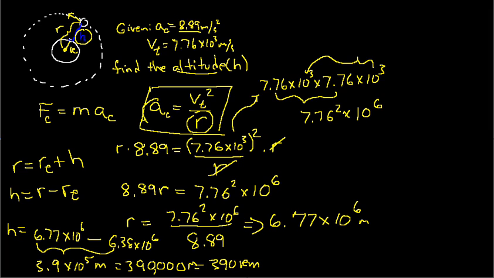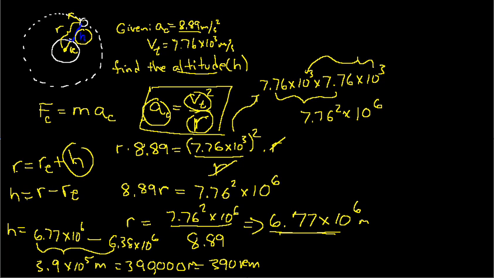You're given the acceleration, you're given the tangential velocity, you then find r. Once you find r, you notice that this r is center of Earth to the satellite. What you want is the height. So r is the radius of the Earth plus the height.